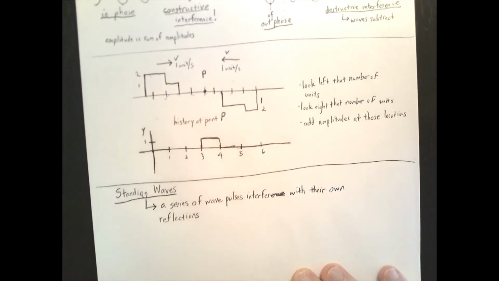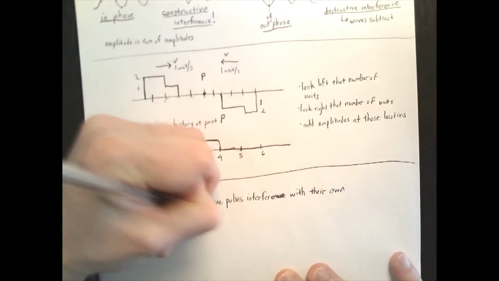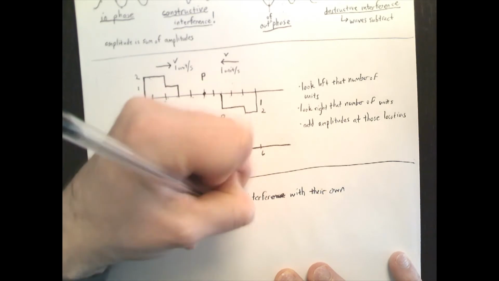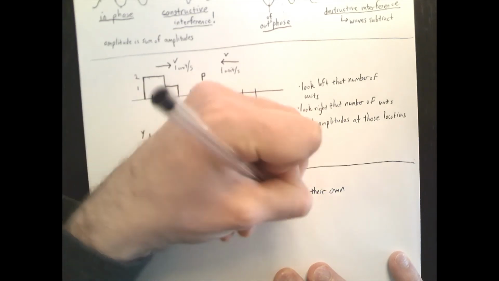And they do so in just the right way so that the wave doesn't look like it's moving to the left or the right. It just kind of looks like it's standing still, hence a standing wave. And so what we get is that the wave looks like it's standing still.